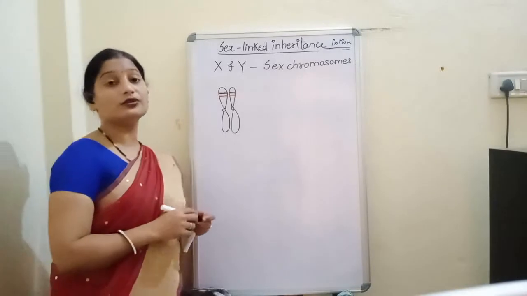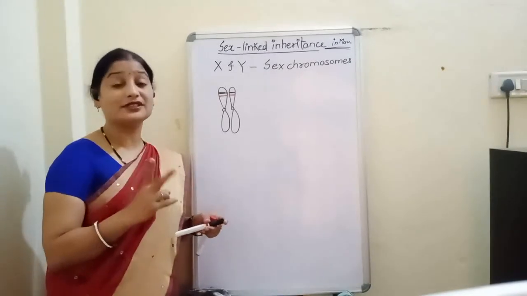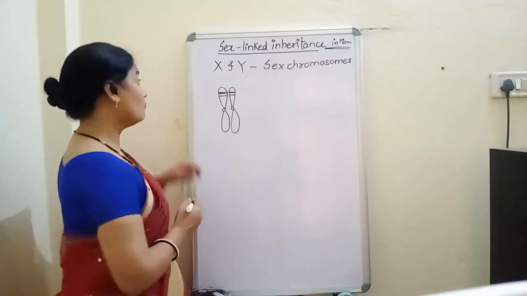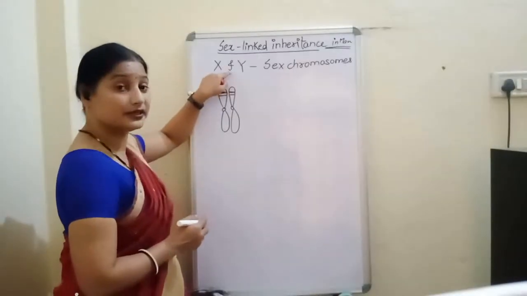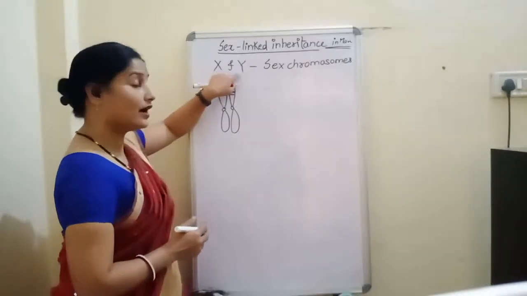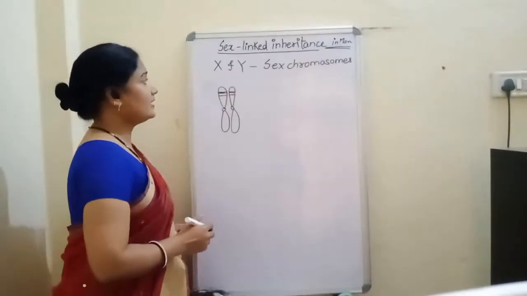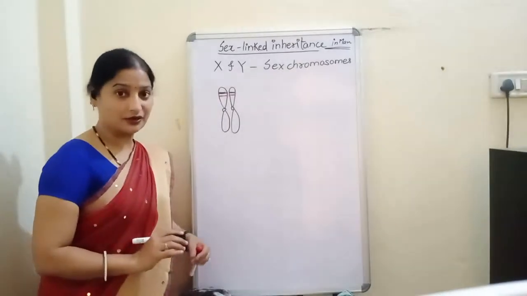We all know that we have two types of sex chromosome. One is X and another is Y. In case of males, X and Y is present, and in case of females, X and X is present. Okay.